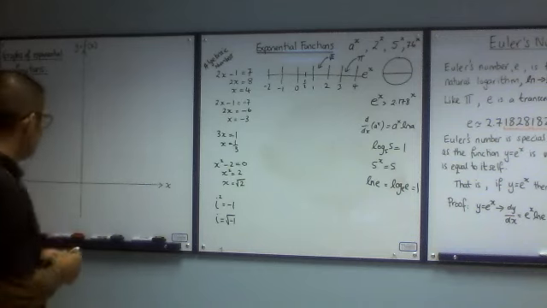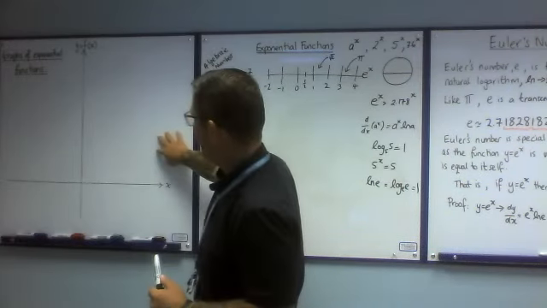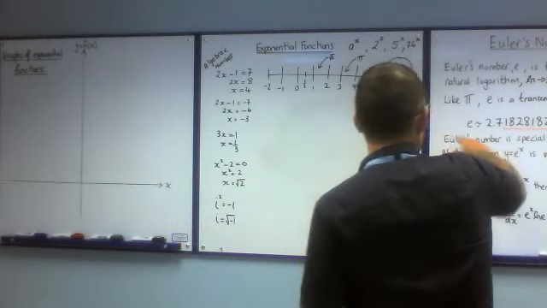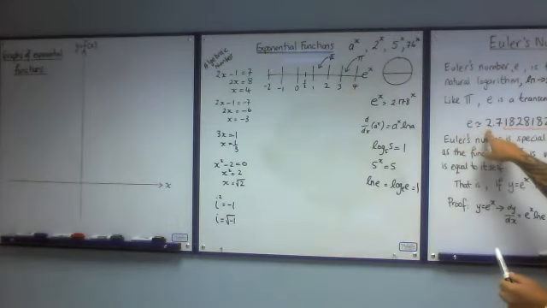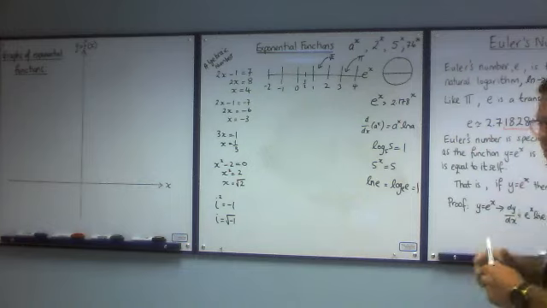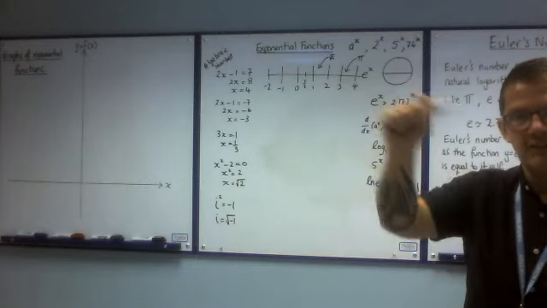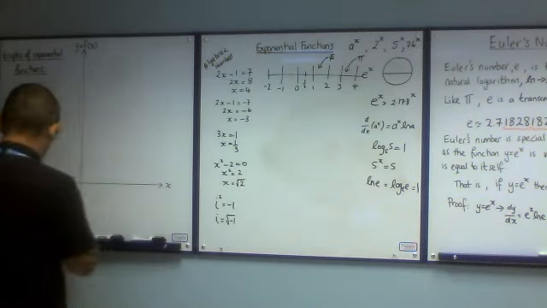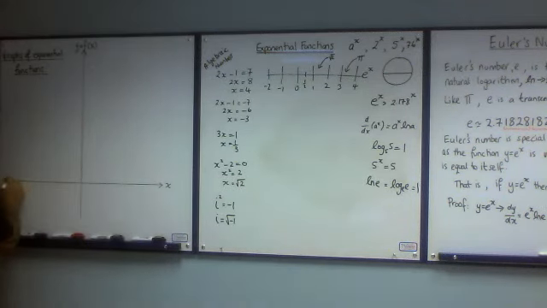Now, if we look at trying to graph some exponential functions, I'm going to look at 2 to the x because we've shown here that e is approximately 2.718. So it lies somewhere between 2 to the x and 3 to the x. So let's draw in 2 to the x. I'm going to do this in red. So y equals 2 to the x as a graph would look something like this.